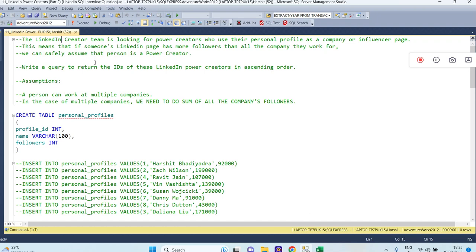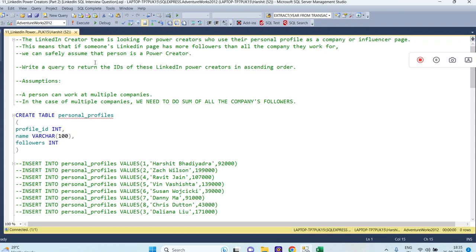So here different individuals are given and different companies are given in which they are working. Different individuals have their own followers and different companies they are working for have their own followers, right?